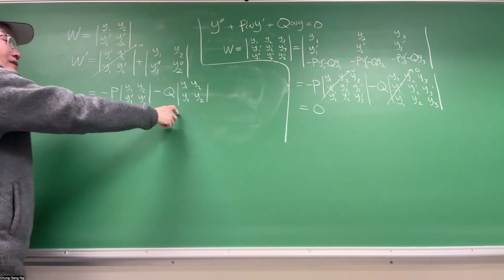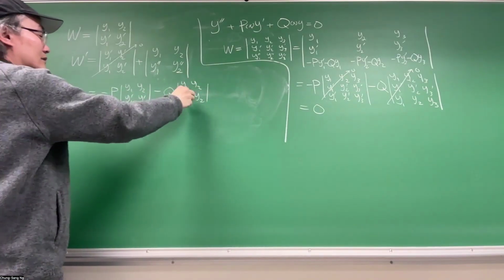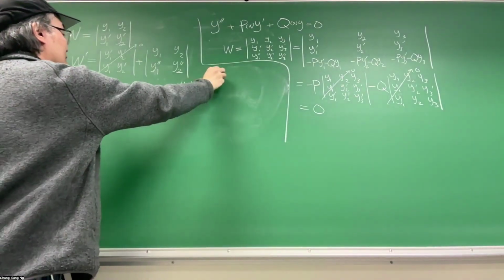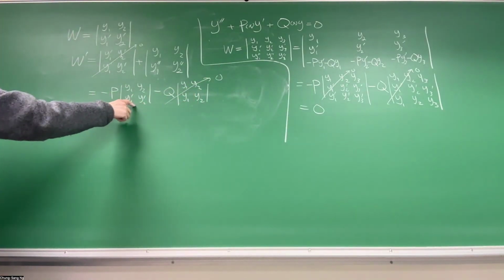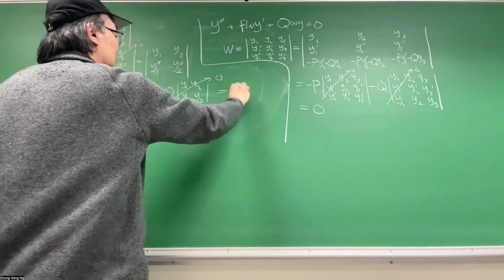You see that, right? Just right away. And now this one is just 0, just like what we did over there. And for this one, you identify this as just the same Wronskian. So this is minus pW.